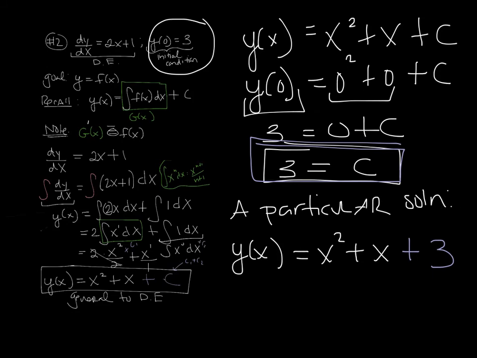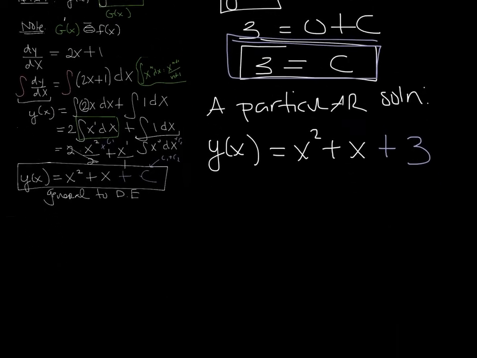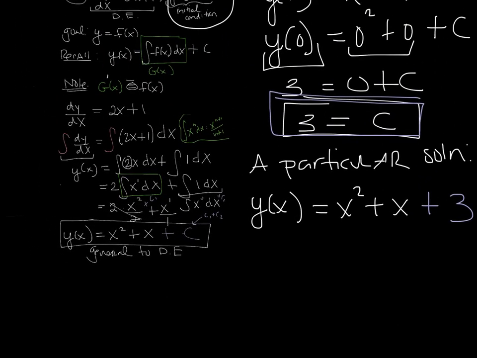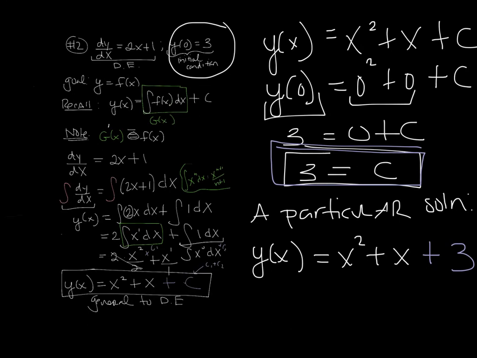Okay, so now that we found our particular solution, let's look at the big picture. I pointed out the note where g prime of x was going to be equal to f of x. Remember, g prime of x is the derivative of the integral, so I should obtain our original function f of x.